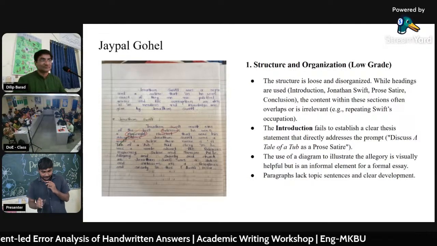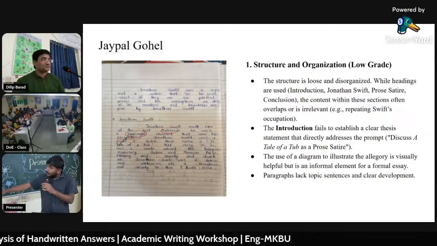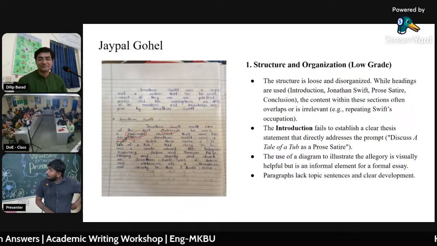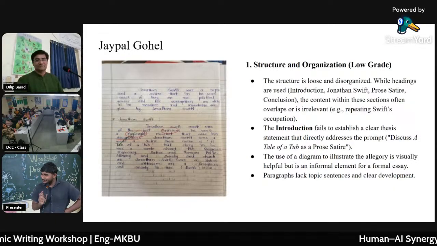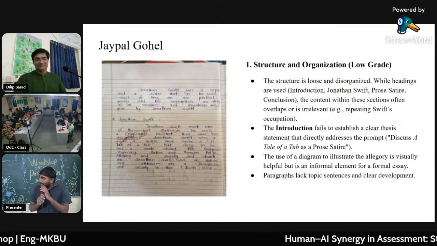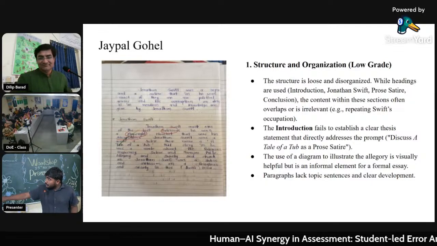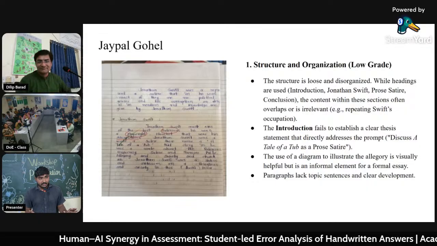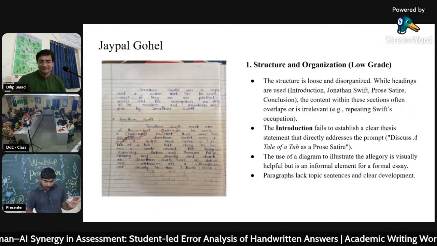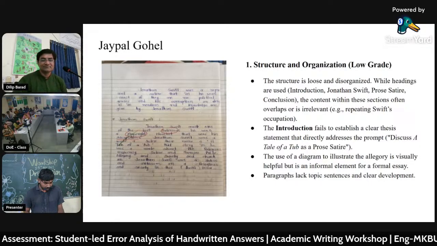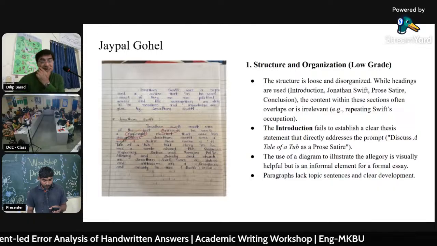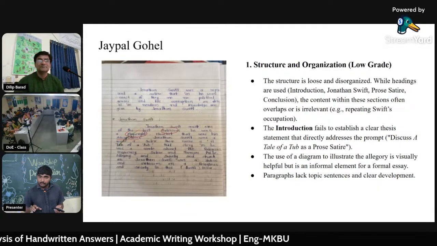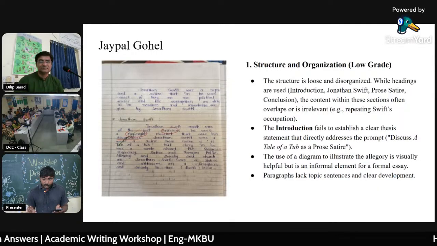Hello, everybody. These are my mistakes. AI gave me feedback on my Tale of a Tub paper, a neoclassical paper. Formulate a clear thesis on Tale of a Tub and focus on analysis.